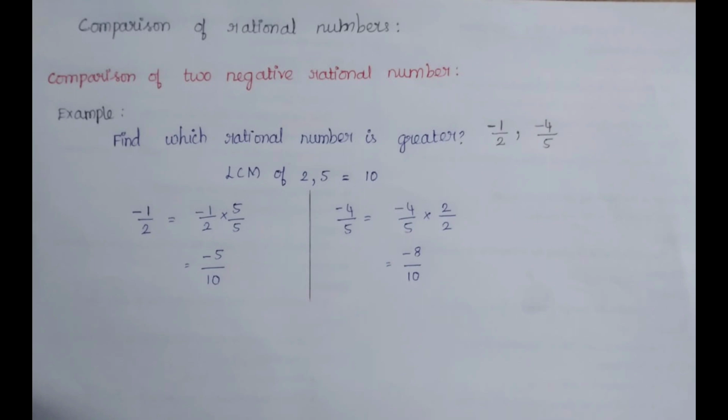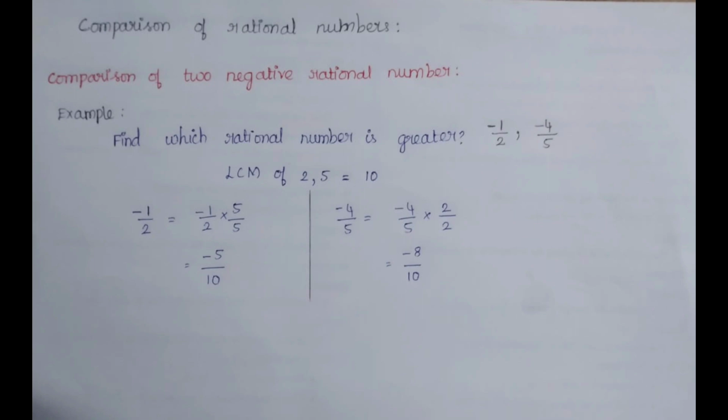Now we are going to make the denominator the same for the second rational number, minus 4 by 5. To make 5 into 10, we have to multiply by 2.